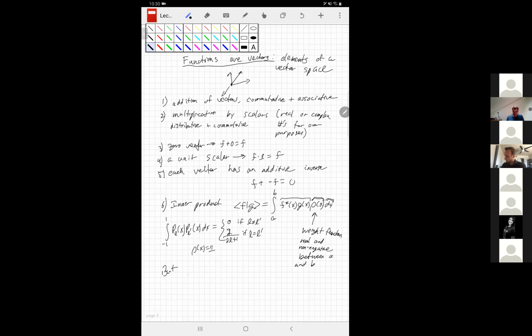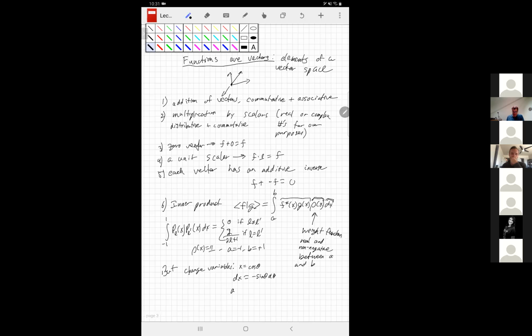But we also would change variables. X equals cosine of theta. Then dx would be minus sine theta d theta. And then we would swap our, and I should be even more careful, rho equals 1, A equals minus 1, B equals plus 1.